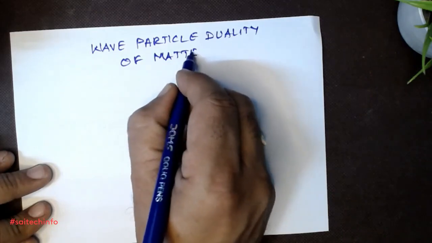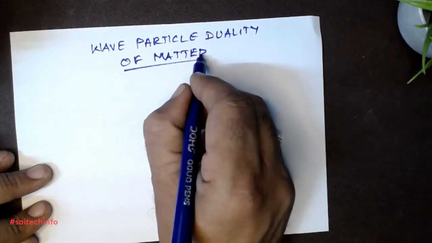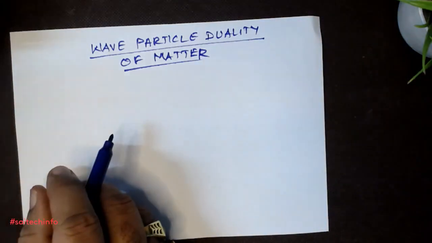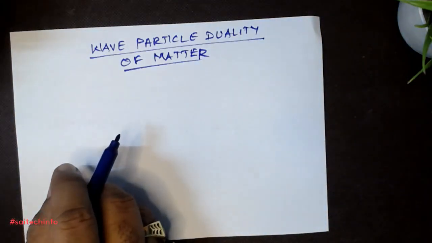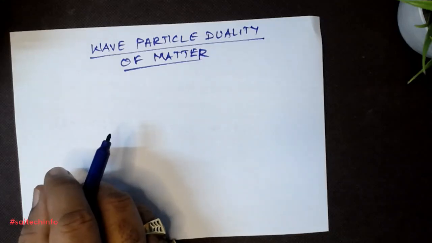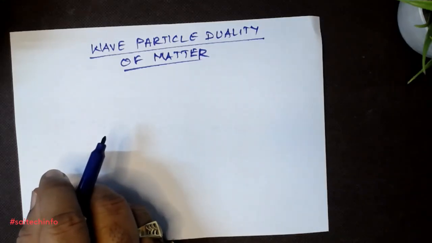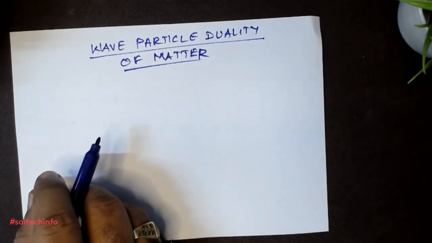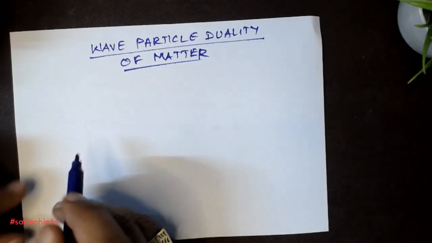So according to this concept, the very microscopic particles have the tendency to behave like a wave as well as a particle. Sometimes it behaves like a particle, sometimes it behaves like a wave. So this kind of nature is called dual nature.